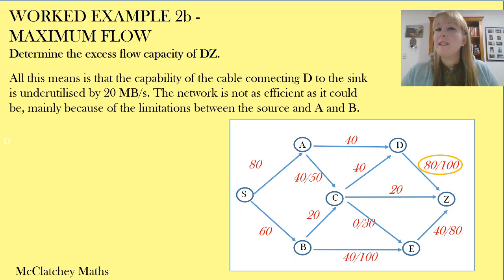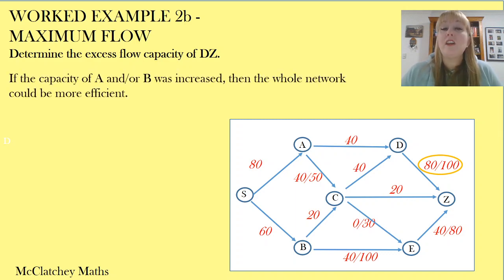While we said that demand matched supply, this network is not really as efficient as it could be because there are those limitations at the source at A and B. And in all of those different places within the network, we've got this excess capacity that's just not being used. So if we increase the capacity, for example, through to A from the source, or through to B, then we could end up with a far faster and more efficient network overall.